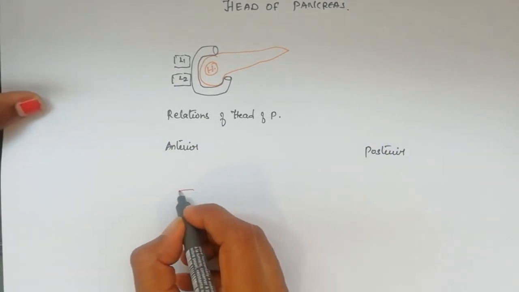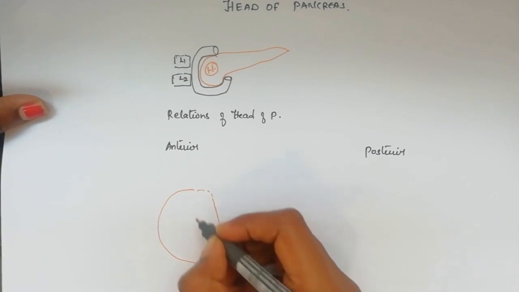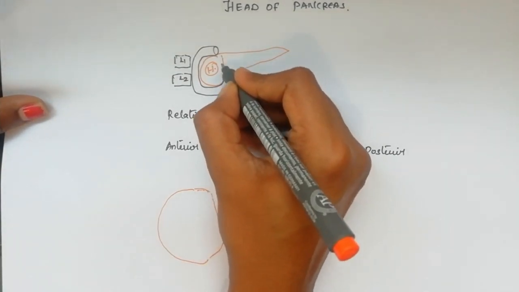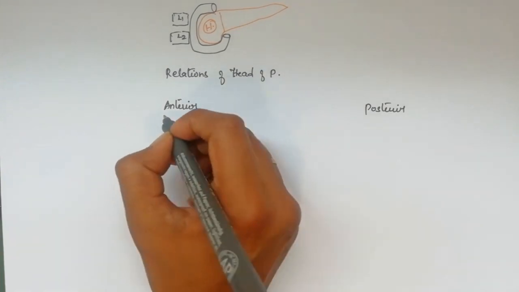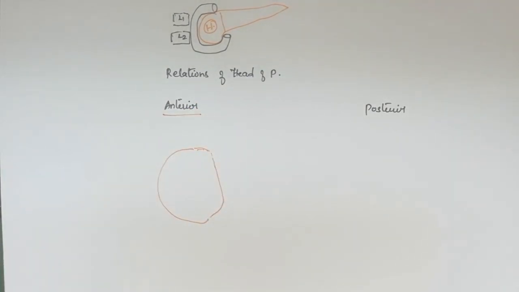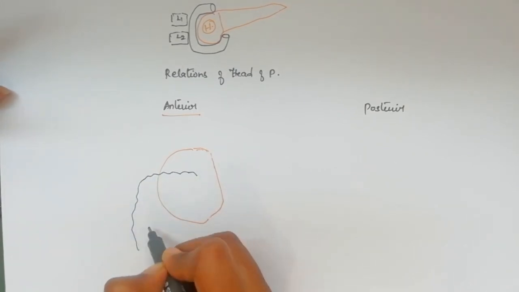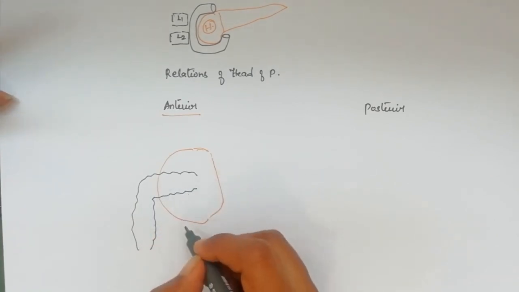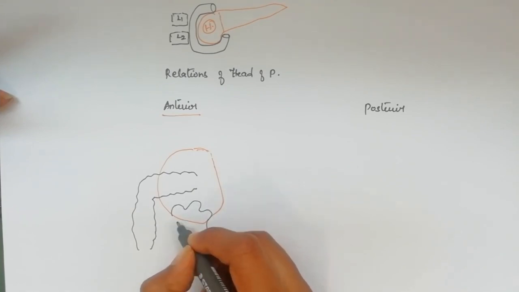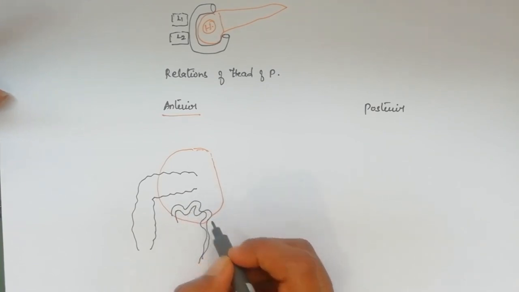So we have our pancreas, and we are going to consider only the head part, so only this part we are going to see in detail. Anterior to head of pancreas, we have only 2 relations. One is transverse colon passing, seen in the middle part, and then we have some coils extending in the lower part of the anterior surface of pancreas.